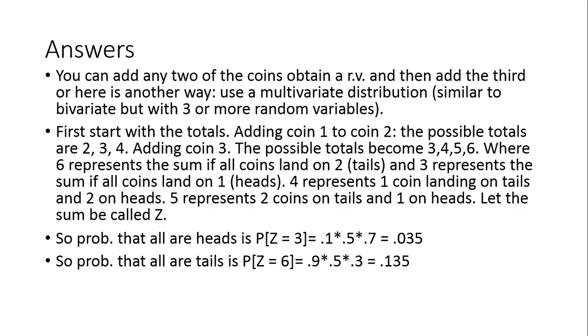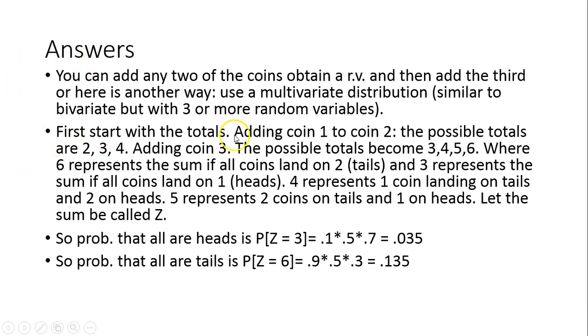This is similar to the bivariate, but with 3 or more random variables. So this is saying, what is the probability of me getting an x1 and an x2 and an x3? So probably I'm getting x1 equals 1, x2 equals 1, x3 equals 1. So getting heads, heads, heads in this case. And this is what we'll be doing.